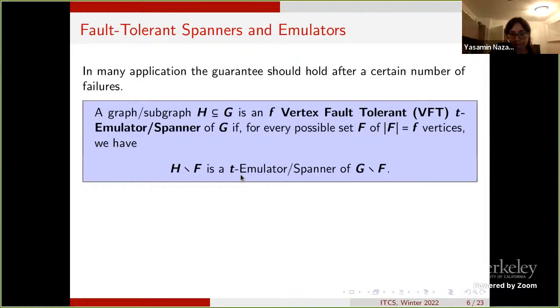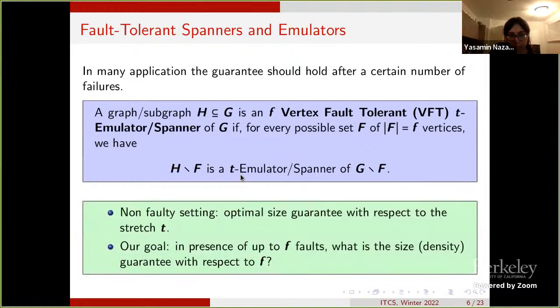So again, in non-faulty settings, we know how to get optimal size and stretch trade-offs, as I mentioned. And here our goal is to see, with respect to this parameter F, which is the possible number of faults, what is the size guarantee that we can get?